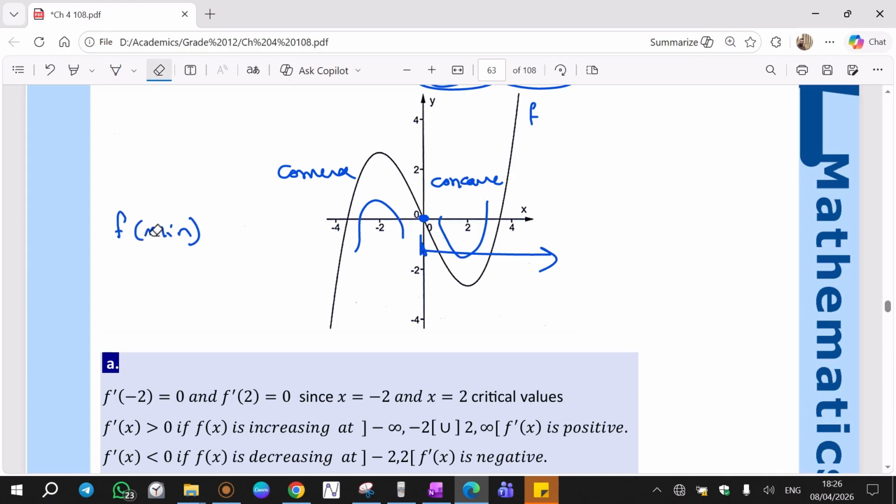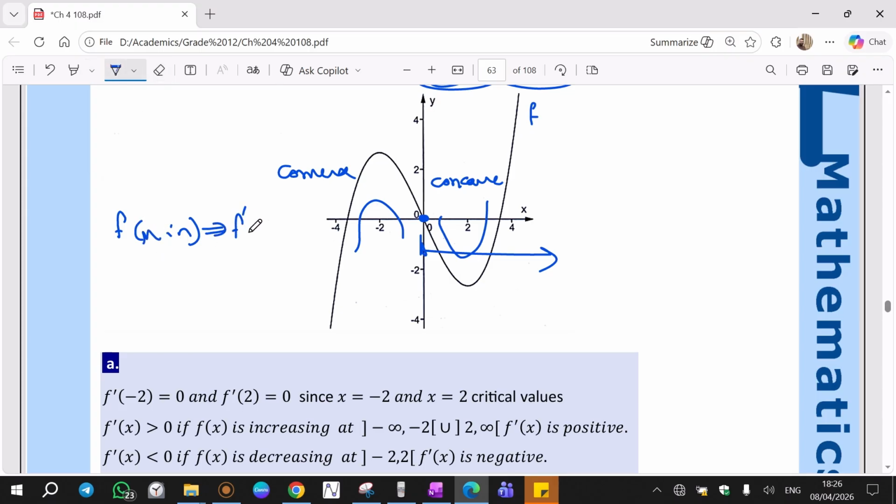If f is minimum, then f prime equal to 0. What if I add a prime here? If f prime is minimum, f double prime is 0. And when f double prime is 0, we don't stop here. That is inflection. So point of inflection is where f double prime equal to 0.